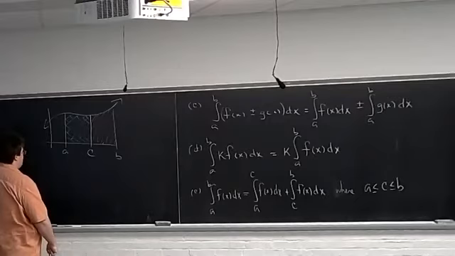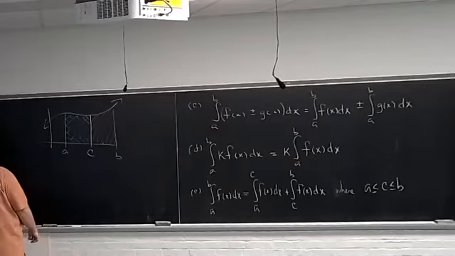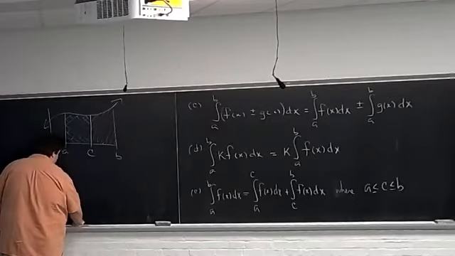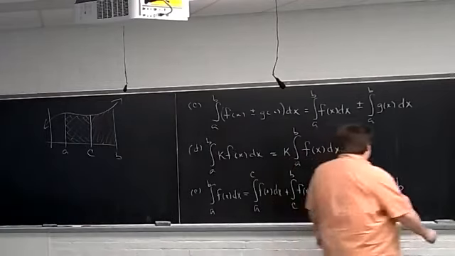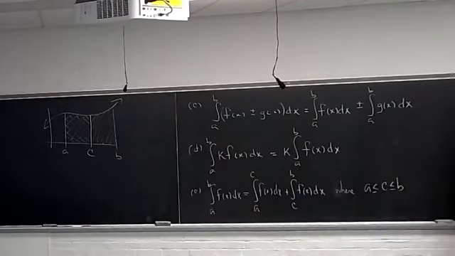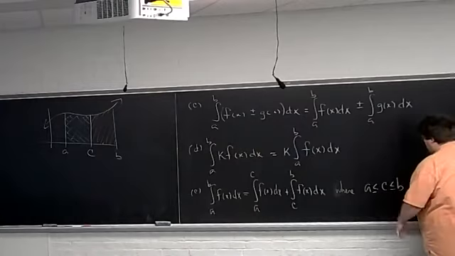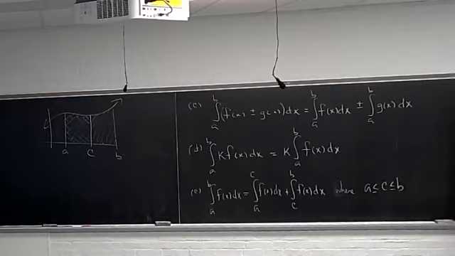It's usually written without the equal signs. But it does hold for equals, because of property 1, if they're equal, it's 0.